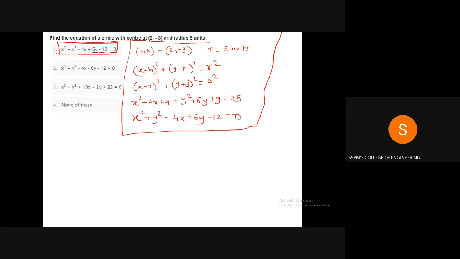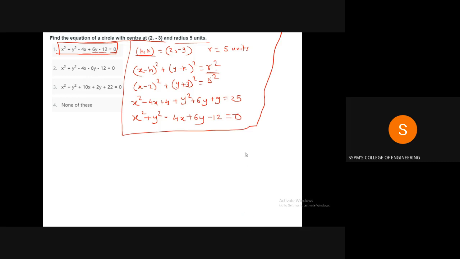So that is how you find the equation of a circle. You just need the center of the circle and its radius. This was the last example in the circle topic. Now we will see some examples on binomial and probability distribution.